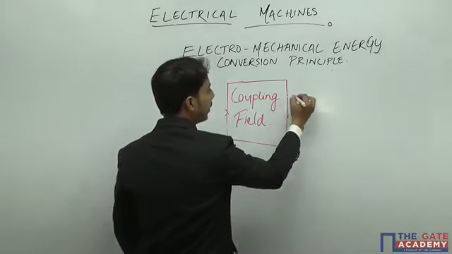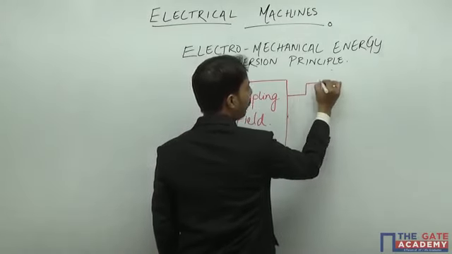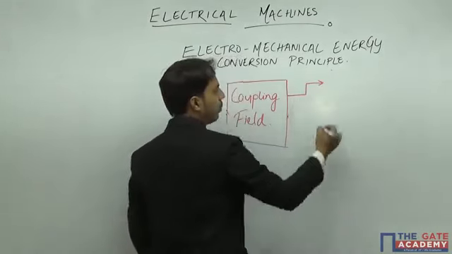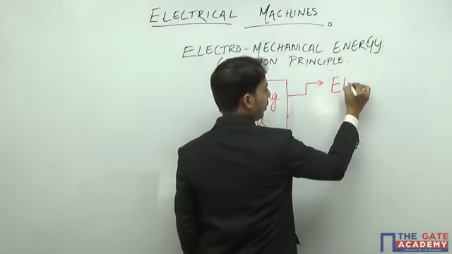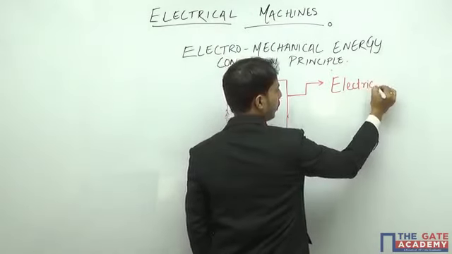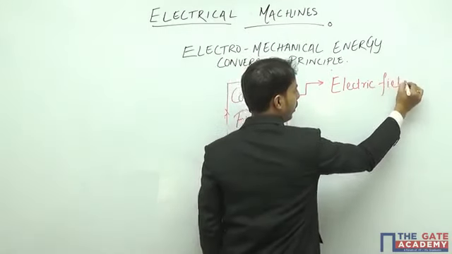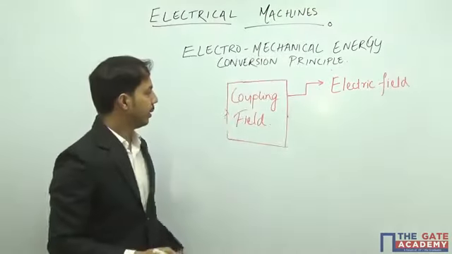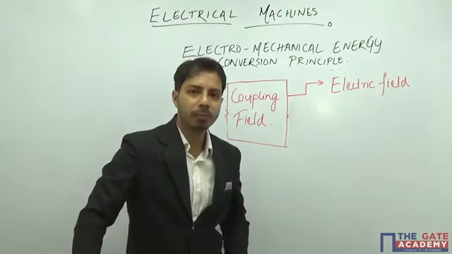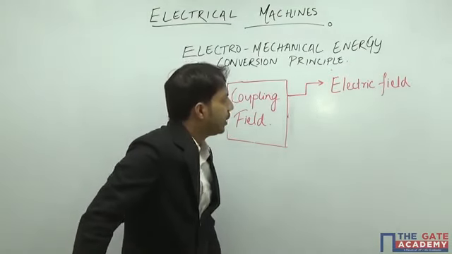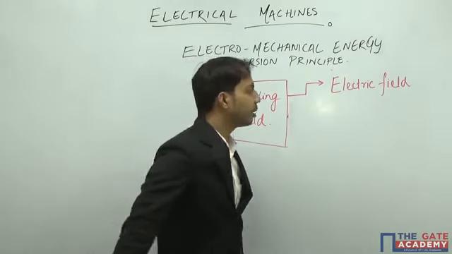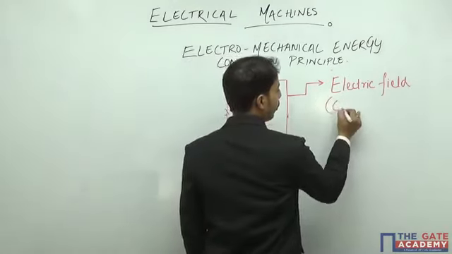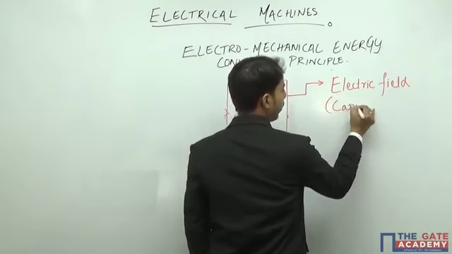This coupling field can be of two types. The first type is the electric field. It means this coupling field can be realized by capacitors, and a capacitor is nothing but an electric field.